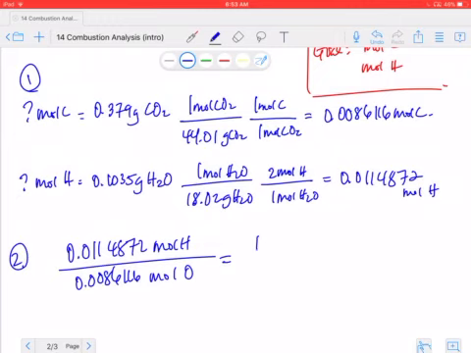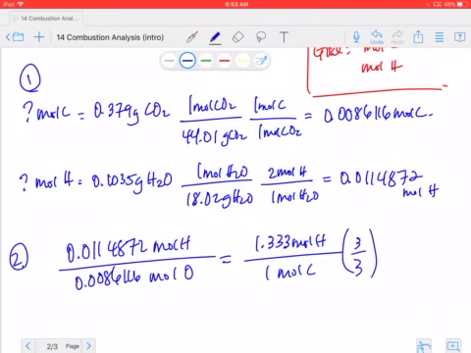We want to simplify that. This is going to come down to 1.33. Again, this isn't a clean enough number, so we don't want to leave it. We want to get that to a nice whole number or integer. So we're going to multiply by 3 over 3, and this will get us to 4 moles of hydrogen, 3 moles of carbon.